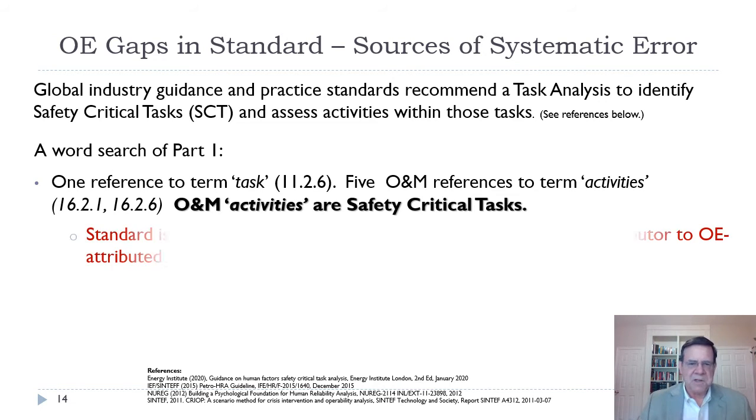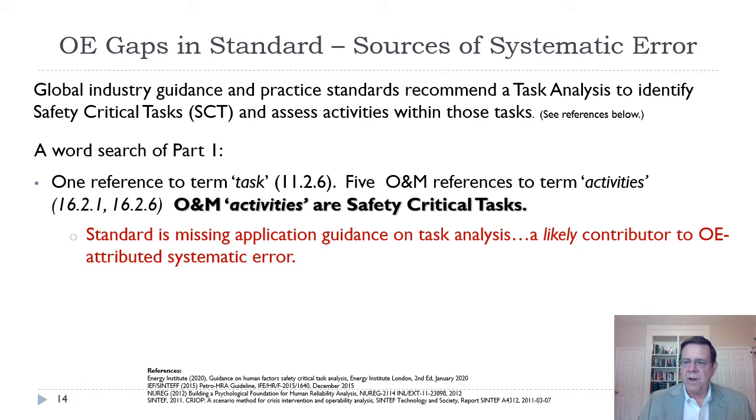But when you look at the standard, part one only has one reference to the use of task, and that's in 11.2.6, which is a statement by itself from a cognitive ergonomics standpoint. It could have all kinds of problems with interpretation.